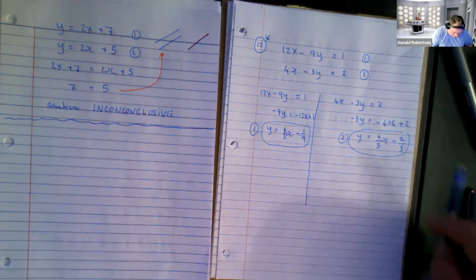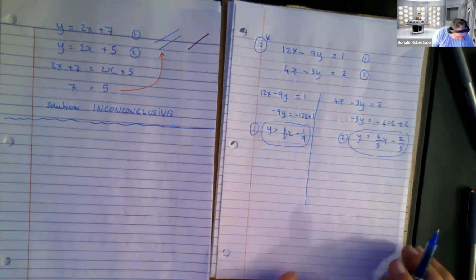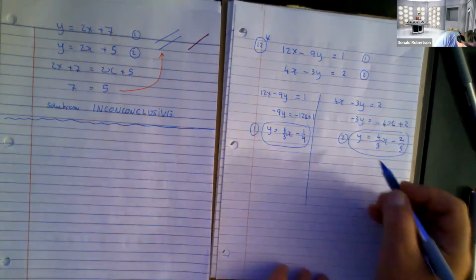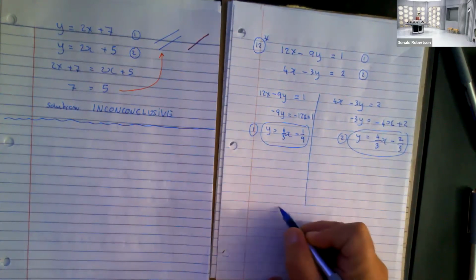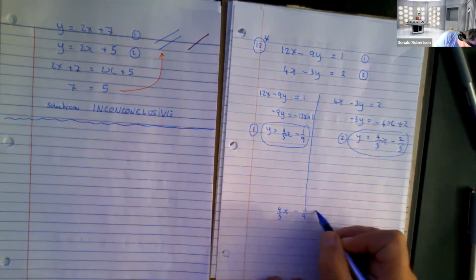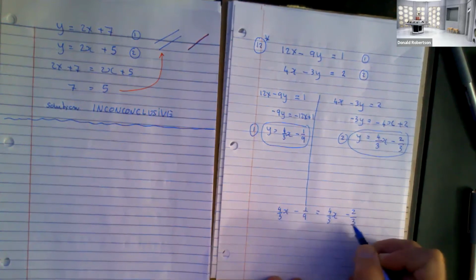Oh, I haven't. Now, when you look at these two equations, if I then make this equal to that, what we have is 4/3 x take away 1/9 is equal to 4/3 x take away 2/3.